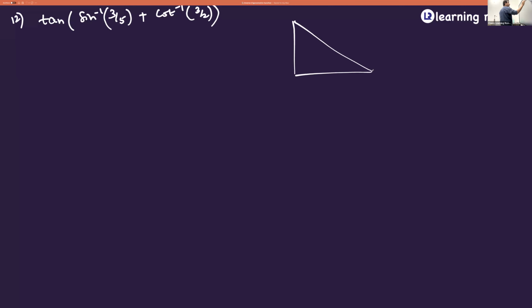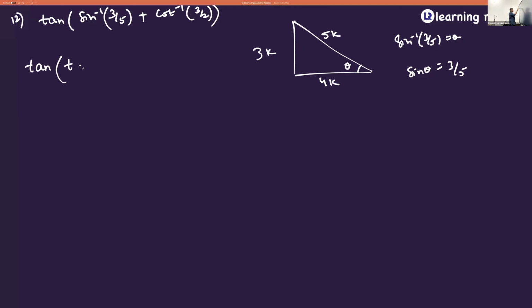If I take this triangle, and I take sine inverse 3 by 5 to be theta, then what is sine theta? 3 by 5. Meaning, this side is 3k, this side is 5k, and this will be 4k. Right? Then, what will this value be in terms of tan inverse?